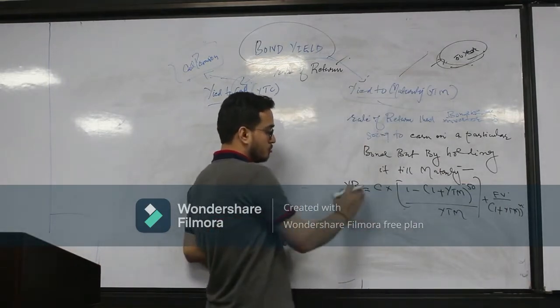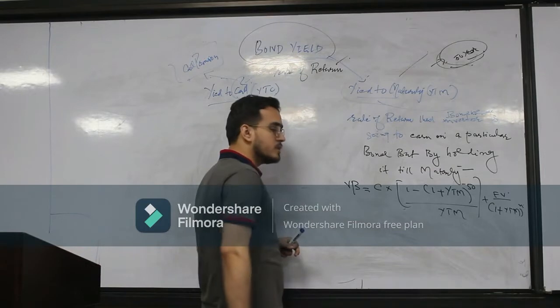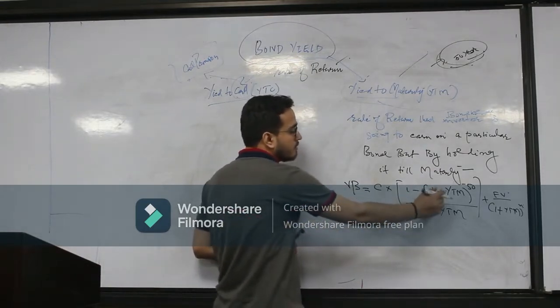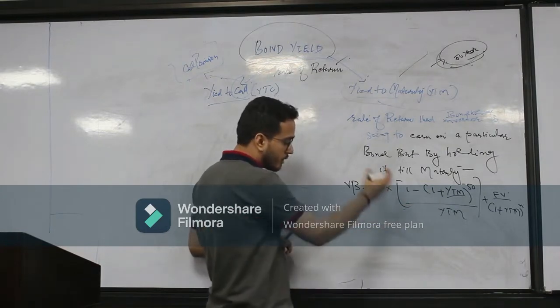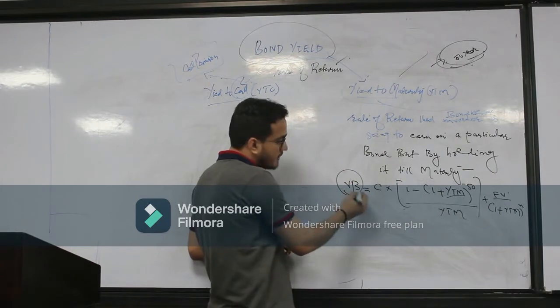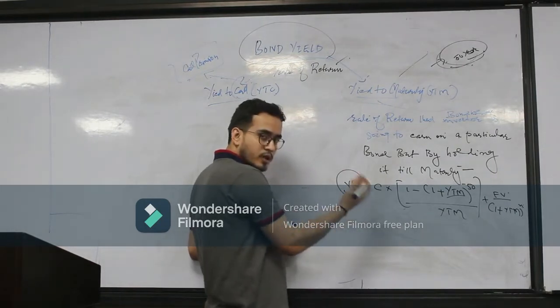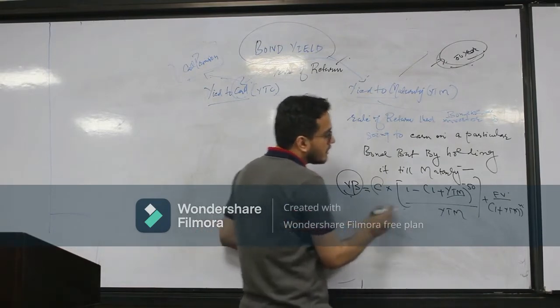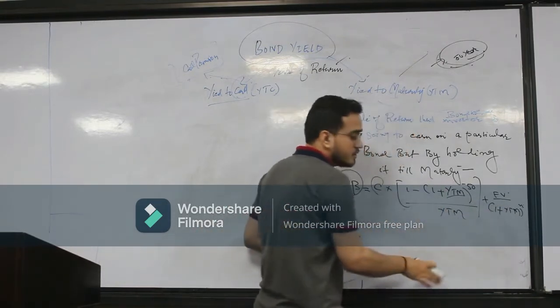So we can easily find the yield to maturity by putting in all the values. In this kind of situation you will be given the present value of the bond and the coupon payment, and you just need to put in all these values.